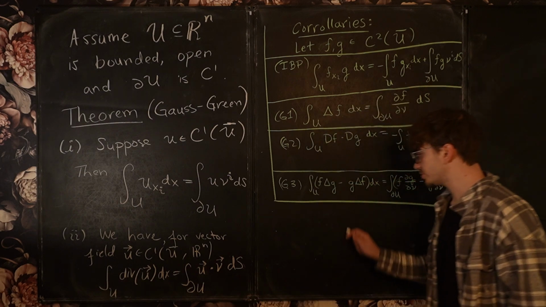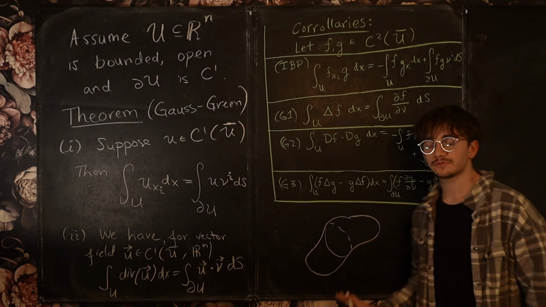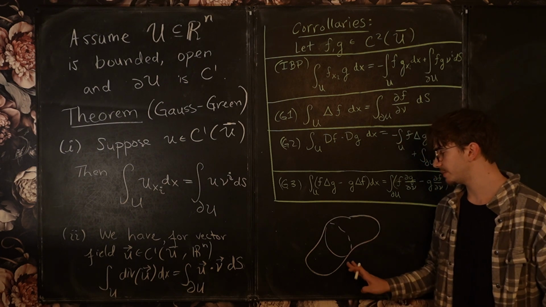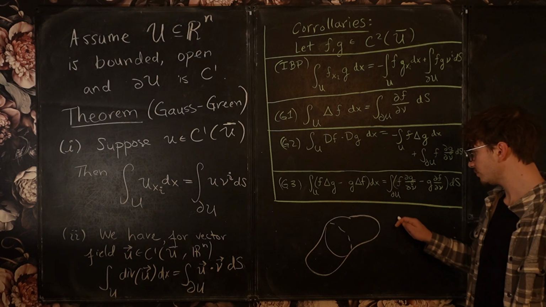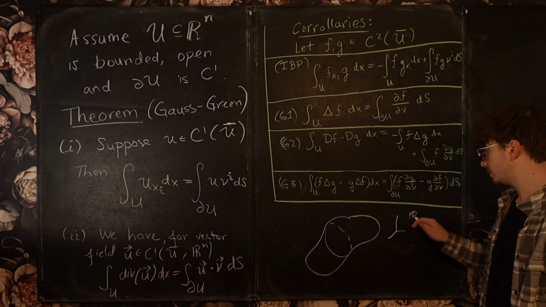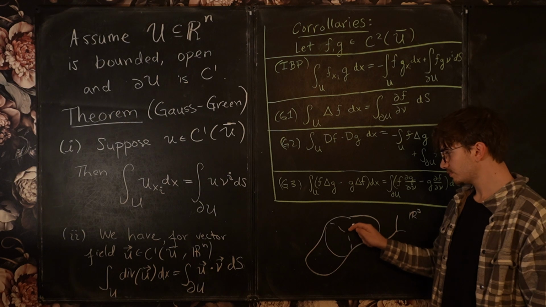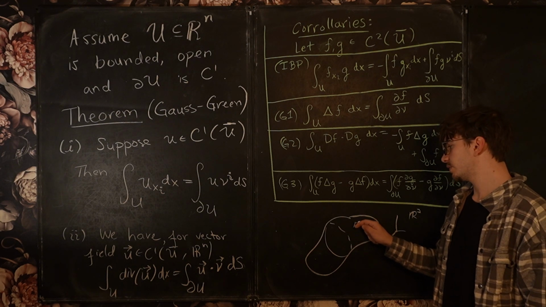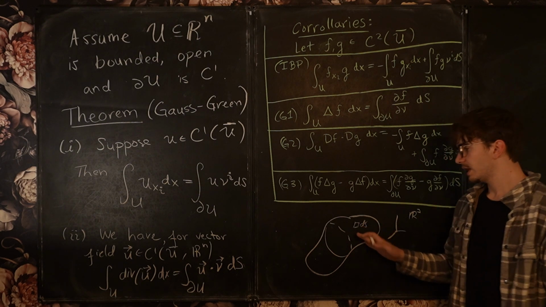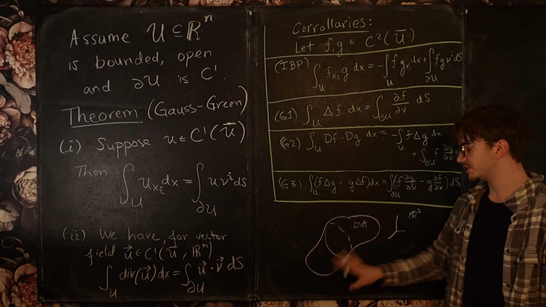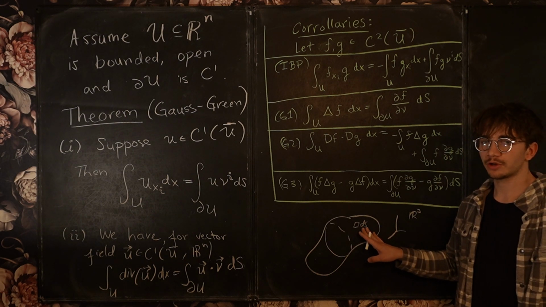So picture a surface maybe in 3-dimensional space, although this is for Rn, so it could be in larger or smaller dimensions, but a surface in R3, let's say. Then this surface is going to have some area element, dS, and depending on the coordinates that we choose for our surface, that's going to influence what our area element is.